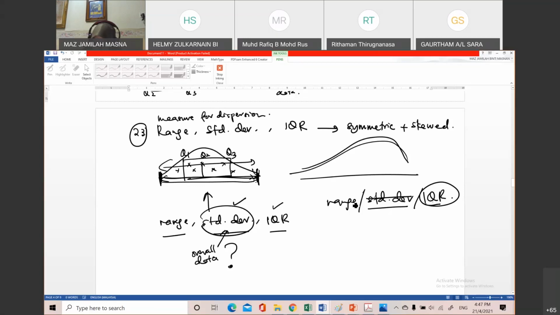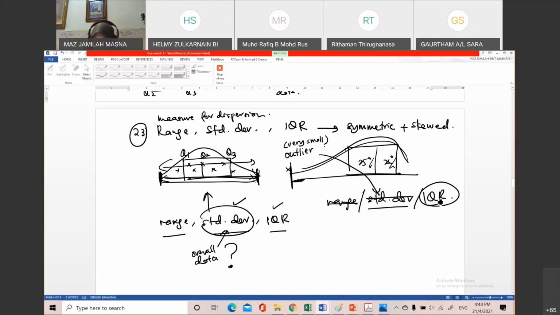The range also can be questionable because IQR will always go back to the middle 50% of your data. And moreover, if you have skewed data, there could be an outlier here. If it is an outlier, this could be a very small value. Then your standard deviation will be affected because every single data point is calculated in the standard deviation.